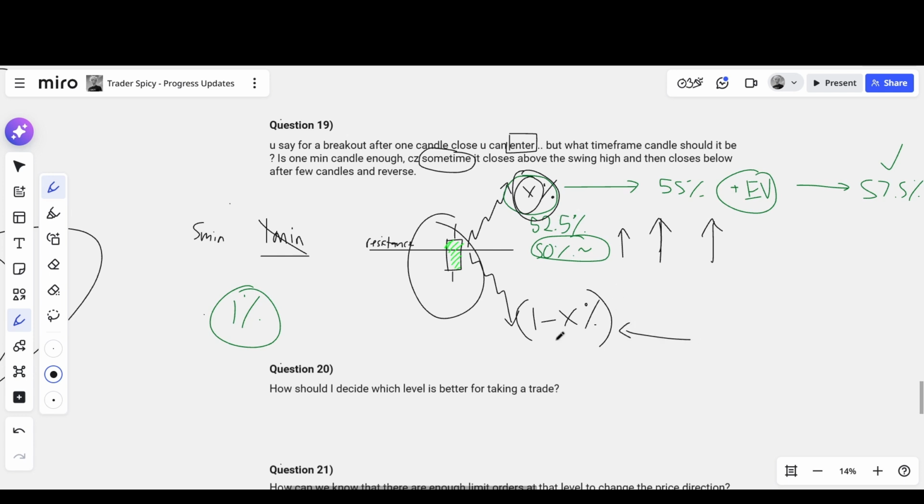It's inevitable. This number will never equal 0, and it will never equal 100. It's between 0 and 100.